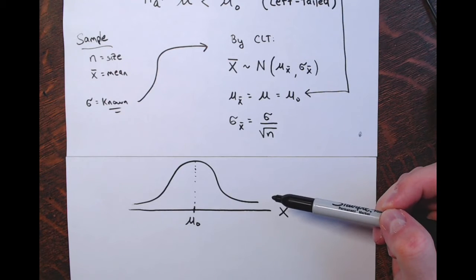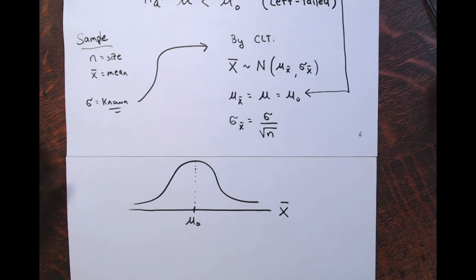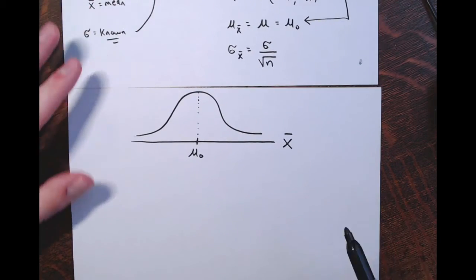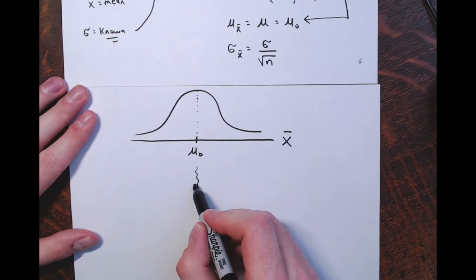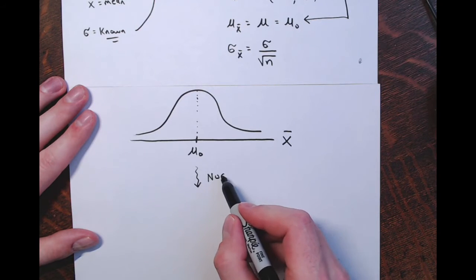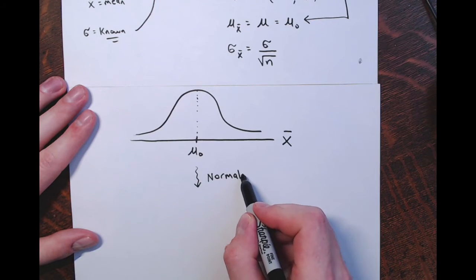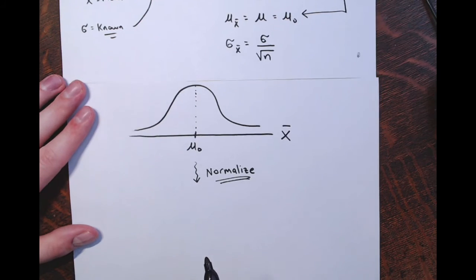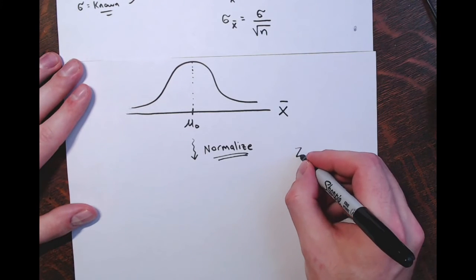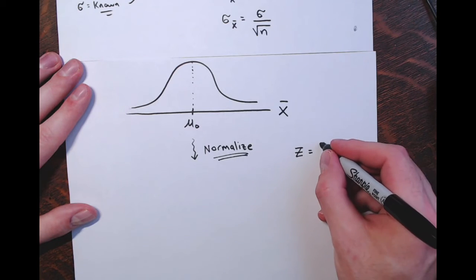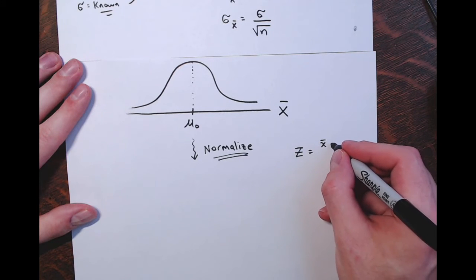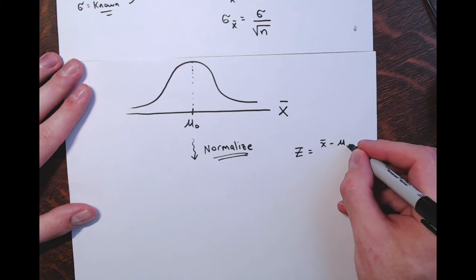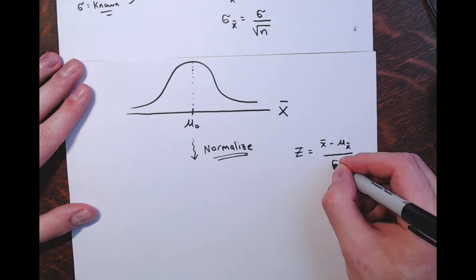Now, to find these critical values, we normalize this distribution. Remember, this means change everything to z-scores. For a z-score, you take your value, subtract the mean, and divide by the standard deviation.